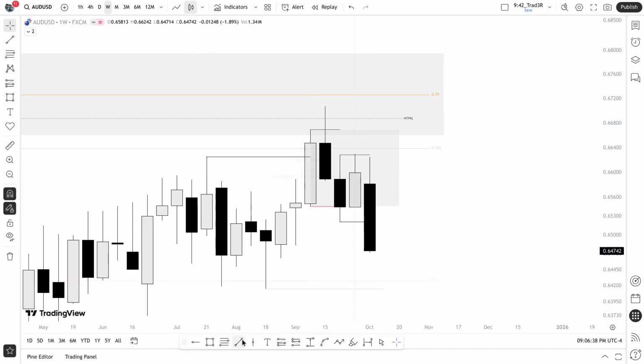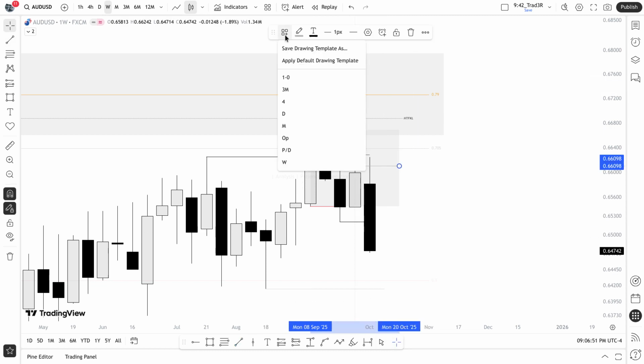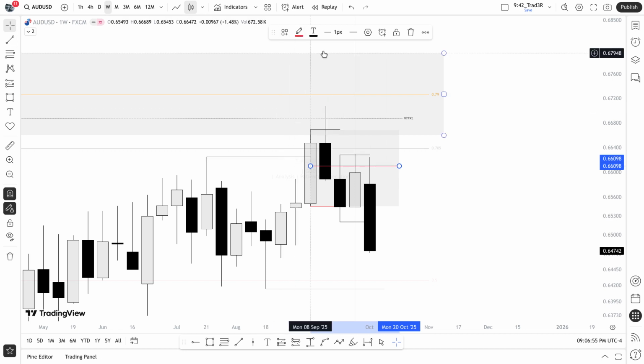So now let's mark out the 50% of this range of this order block, which is somewhere around here, and we go to the lower time frame and we'll observe what happened around there.